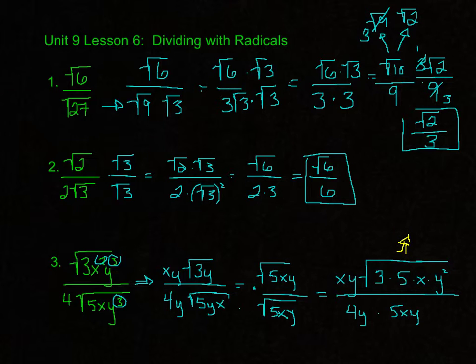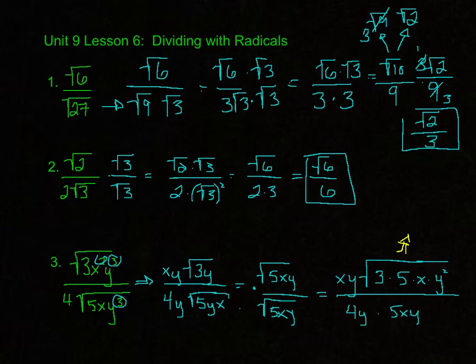I have my xy on the outside, and then I have this y squared on the inside. 3 and 5 both are prime. They're not going to give me any perfect squares by multiplying them together that I could draw out as a factor. So I'm going to be able to just multiply those together. X is all by itself, and so with it being all by itself, it's also not going to be able to be rooted evenly. And then I have this nice new multiple down here without any radical signs.